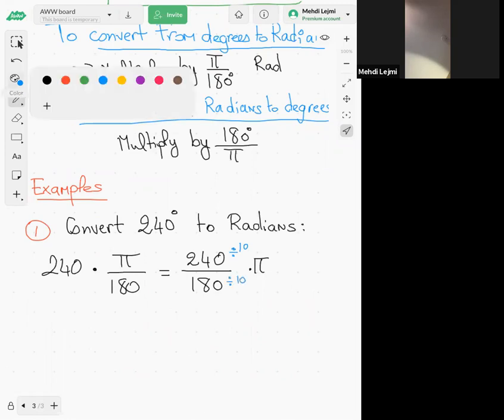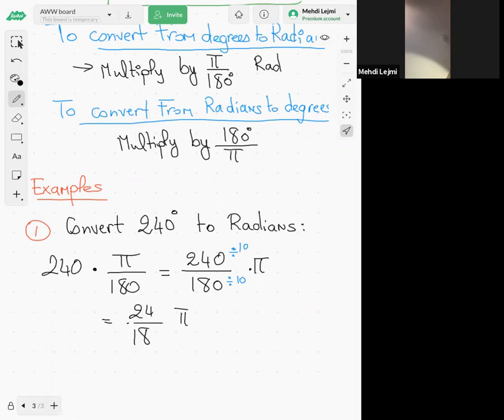So then that's 24 over 18 pi. I can still divide both of them by 2. So that's 12 over 9 pi.